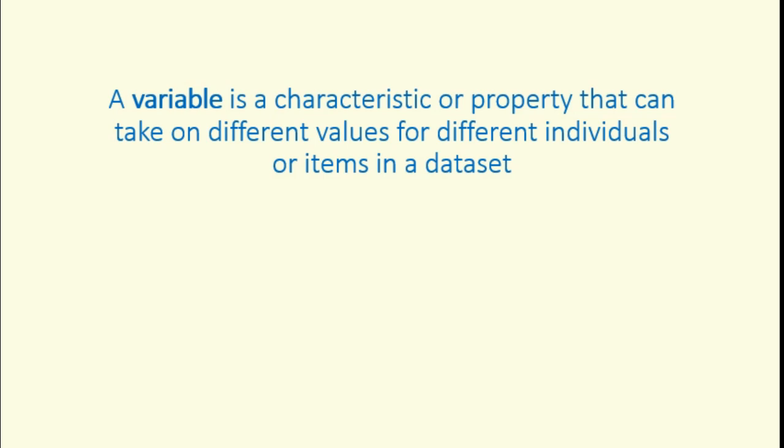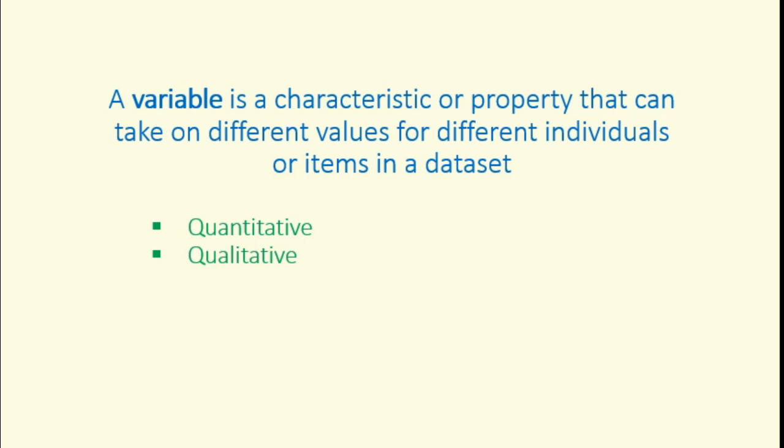For example, variables could include age, height, and income. Variables are often categorized either as quantitative or qualitative. By quantitative here, we are talking about numerical values like age or weight, and when we talk about qualitative, we're talking about categories or labels like gender or color. That's it as far as variable is concerned.